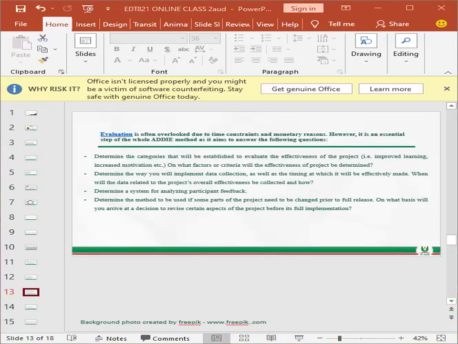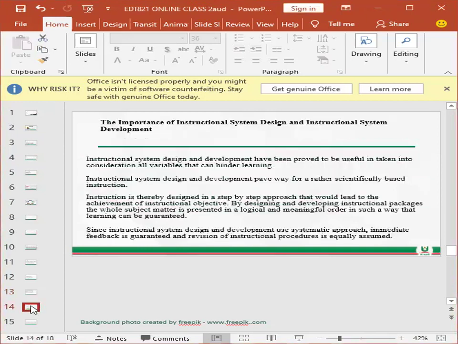At the same time, there is need for us to also look at the importance of instructional system and then the instructional system development. What are the importance of instructional system design and instructional system development?